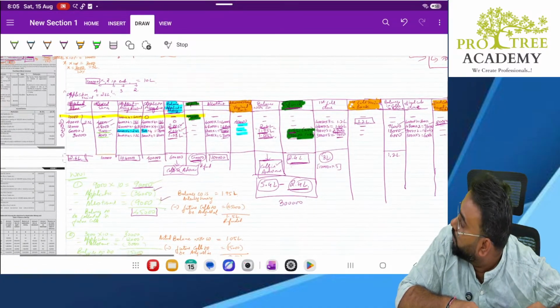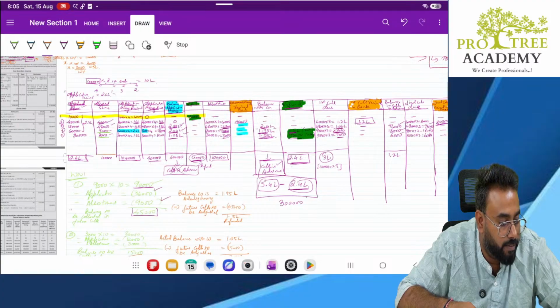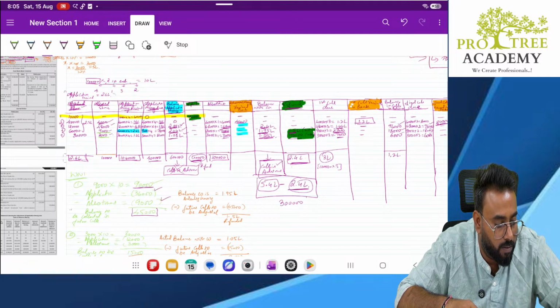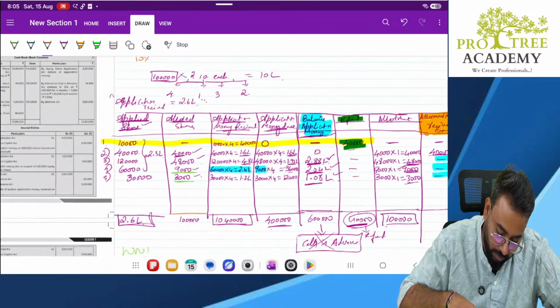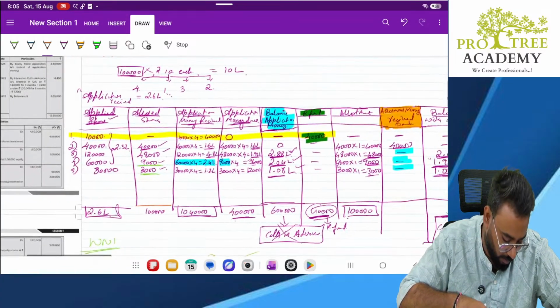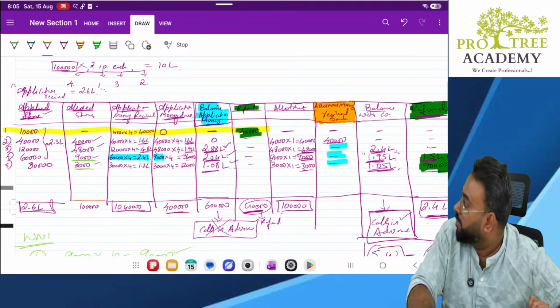Actually, to take one screenshot, it will look very small. So what we'll do is we split it. So we'll first take this. Please take the screenshot of this.